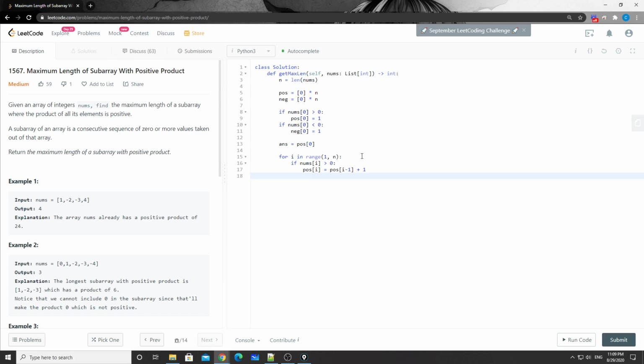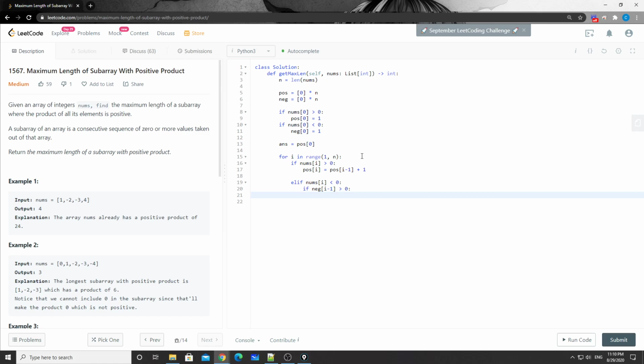Else, if nums I is smaller than 0, we need to check if negative I minus 1 is greater than 0.